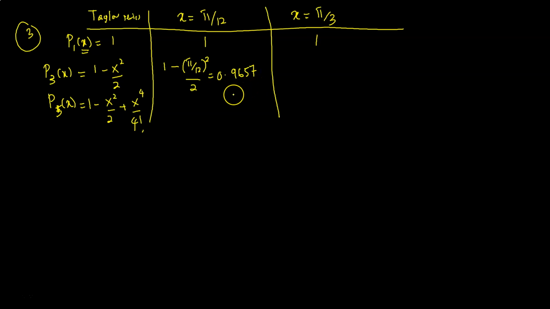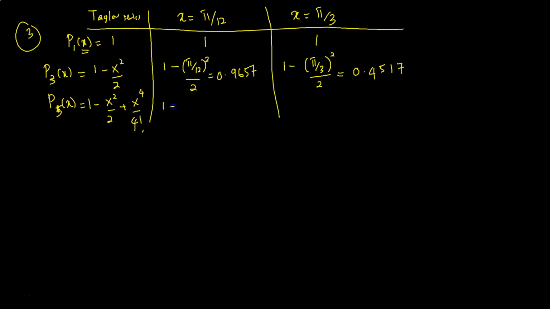You can write it up to 4 decimal places. And then class, when we substitute with pi over 3 in this x, we'll have 1 minus pi over 3 to the power of 2 divided by 2, which is equal to 0.4517.